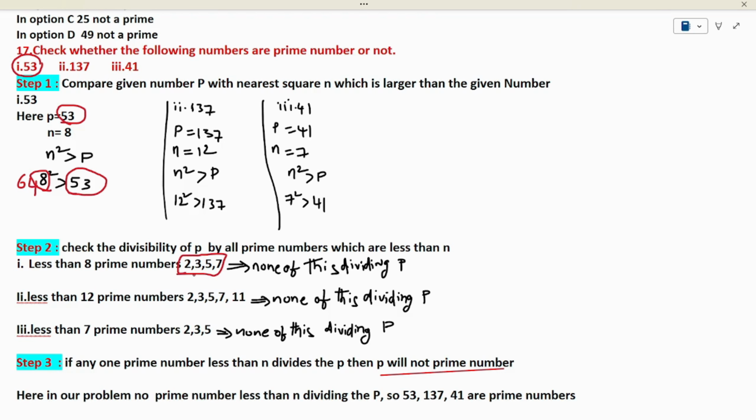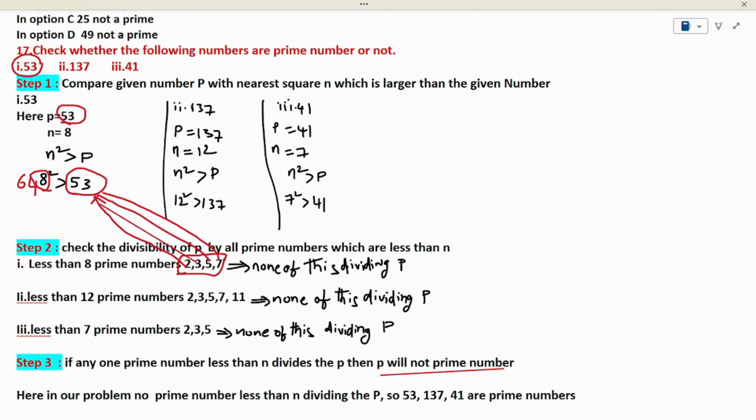We need to check each one. Is 2 dividing 53? No. Is 3 dividing 53? No. Is 5 dividing 53? No. Is 7 dividing 53? No. Of the prime numbers less than 8, none of them divides 53. So I can say 53 is a prime number.